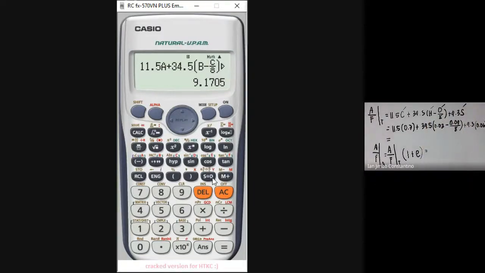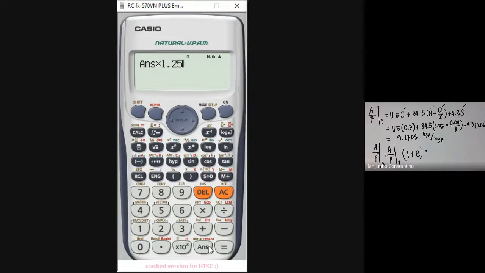9.1705. So correct, Mr. Vinagracia again, and then Miss Kelasio. 9.1705 kilogram air per kilogram fuel. So if you are given 25% excess air, all you have to do is multiply this by 1.25.